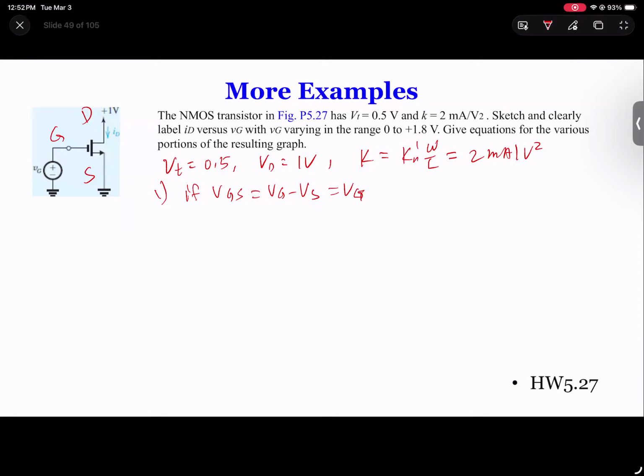So it's VG, and if it is less than 0.5, what happens? If VGS is less than VT, it's off mode, right? Off mode means ID is 0, right? ID is 0.